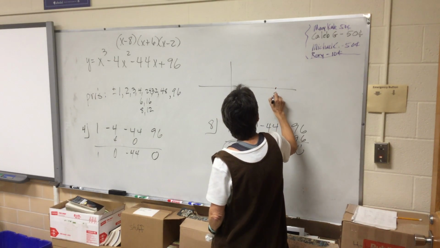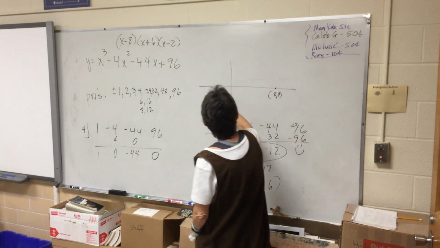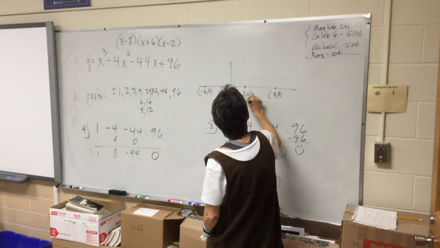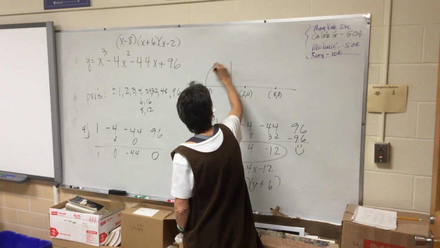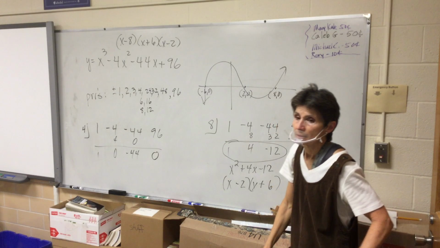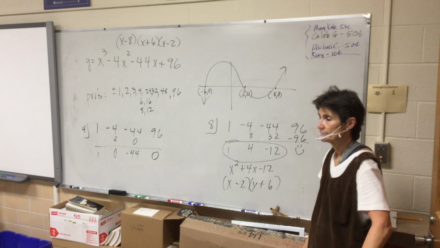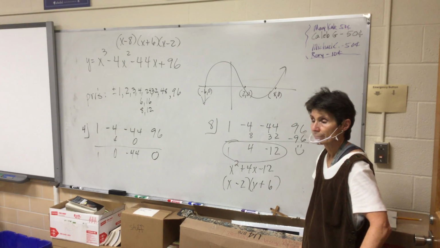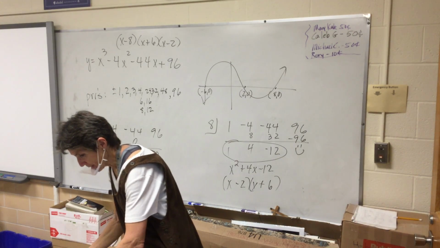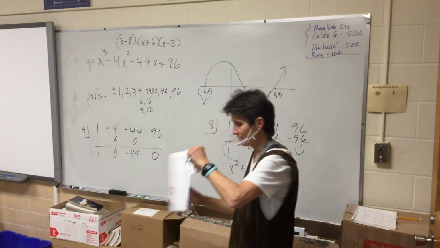So I got 1 at 8, negative 6, 2, regular old cube. So there we go. Easy peasy. Right? So that takes care of those 2.